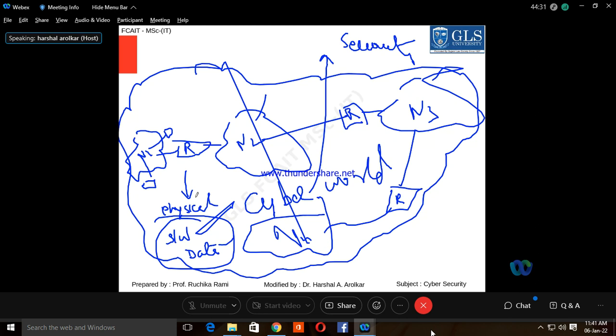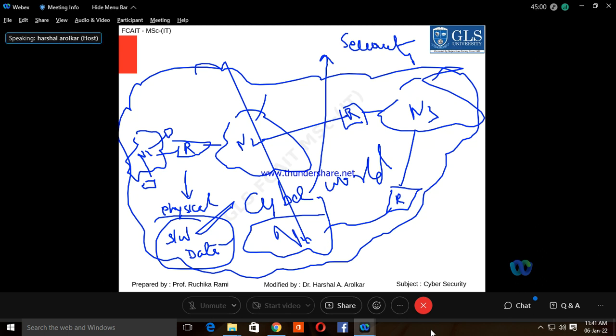Say for example, if someone gets hold of my mobile phone, if I have password protected it, unless and until he has this password, he will not be able to open. But that is not difficult. Again, getting a password is not a difficult aspect. Or maybe getting a fingerprint is not difficult.